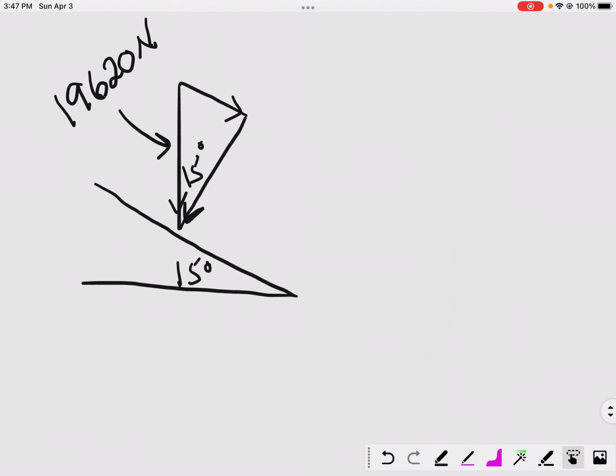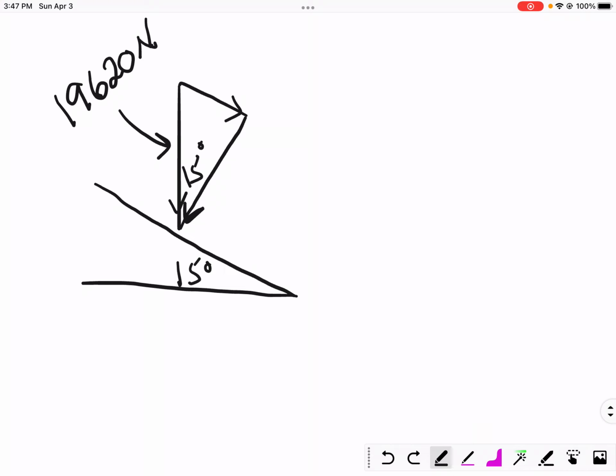Now for this one, the car rolling down the ramp, or preferably not rolling down the ramp. We have the mass of the car, and we multiply by 9.81 to get the force of the car going downward due to gravity, and that's right there. Anyway, so that's the force, 19,620 newtons.